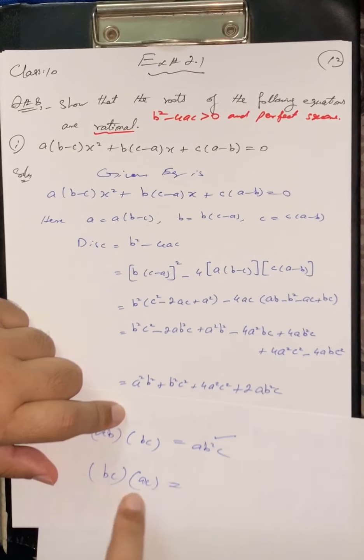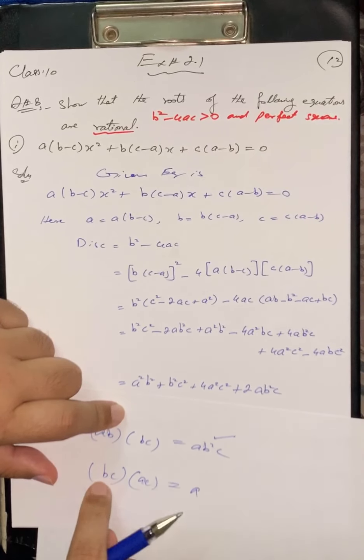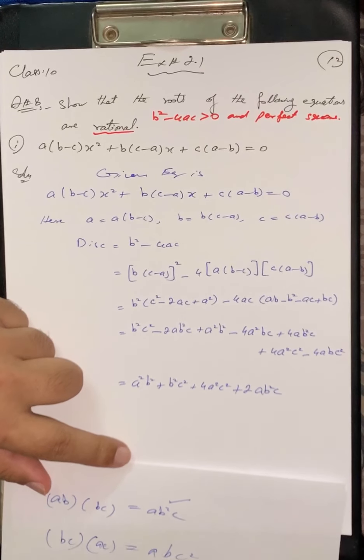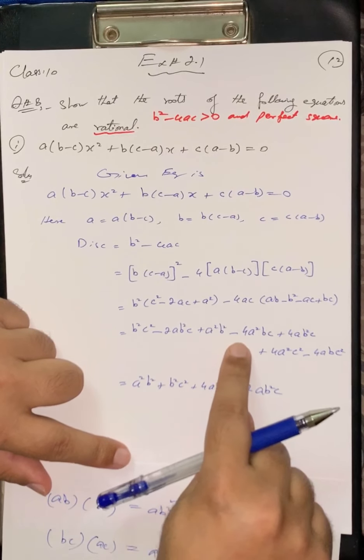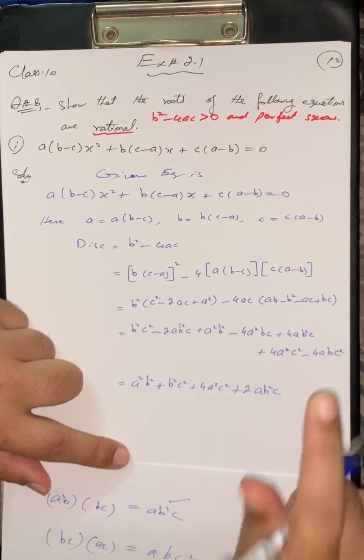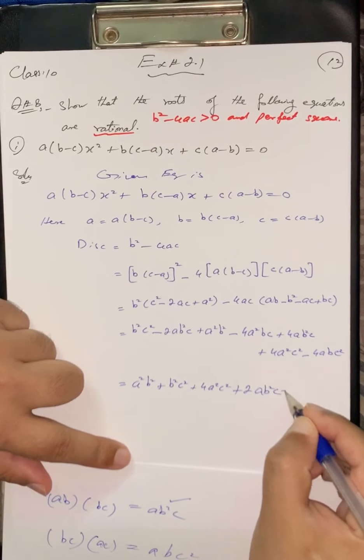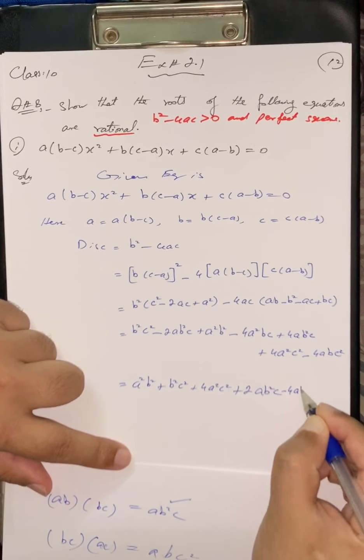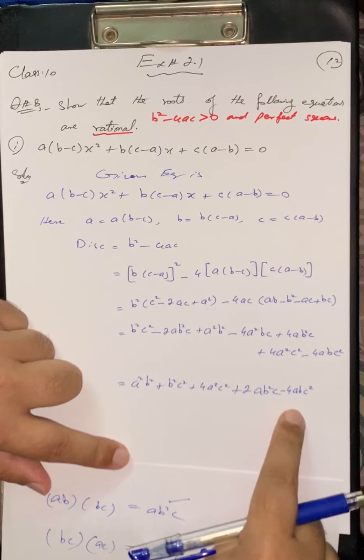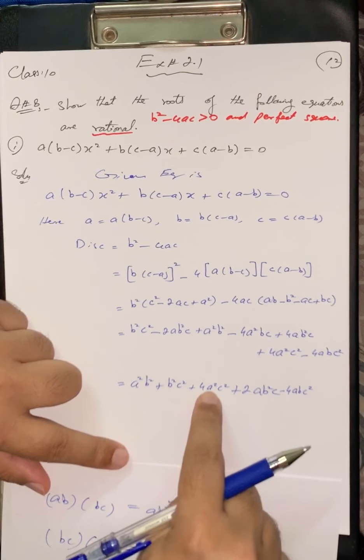Multiply them, it gives me abc square. So find out abc square. Where is abc square? That is the last, minus 4abc square.